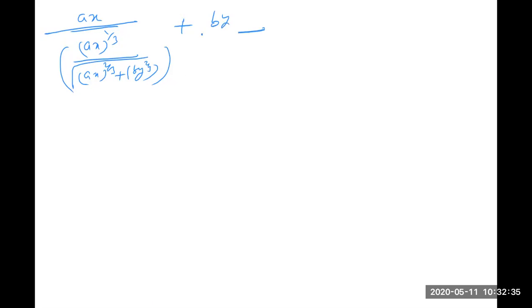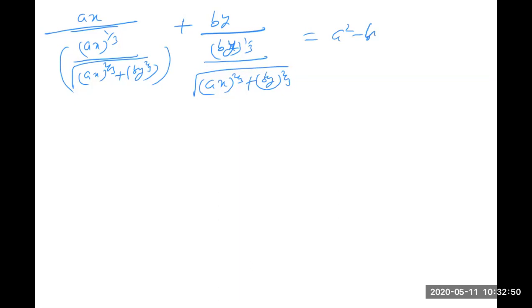By upon sin theta is by raised to power 1 upon 3 upon under root of ax raised to power 2 upon 3 plus by raised to power 2 upon 3, is equal to a square minus b square. So this will go to top.